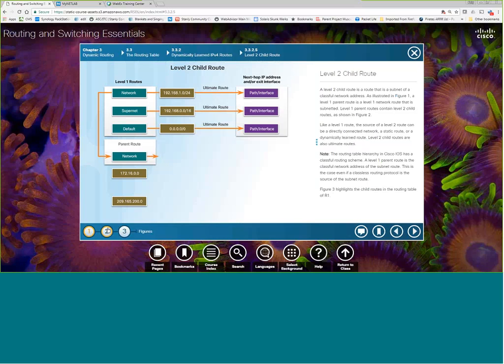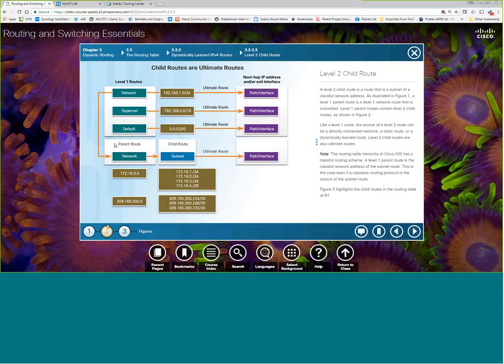So when we start looking at the routing table, we can see, all right, here's the parent route, 172.16.0.0. Here are the child routes. Well, the level 2 child routes are ultimate routes because they're always going to have an outgoing interface.